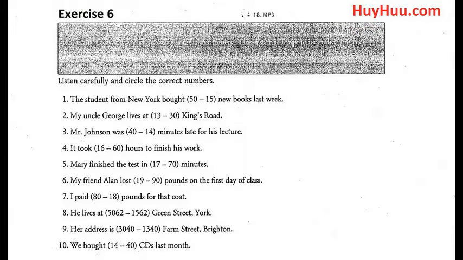Exercise 6. Discriminating between teens and tens. The teen numbers, those between 13 and 19, are often confused with the multiples of 10: 30, 40, 50, 60, 70, 80, and 90.